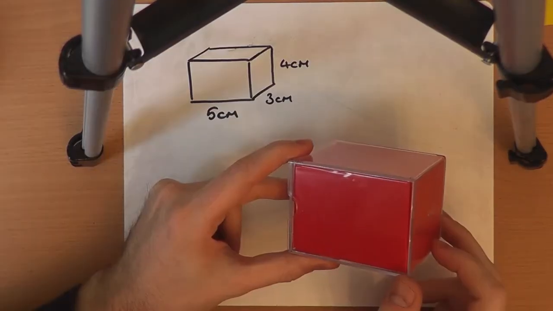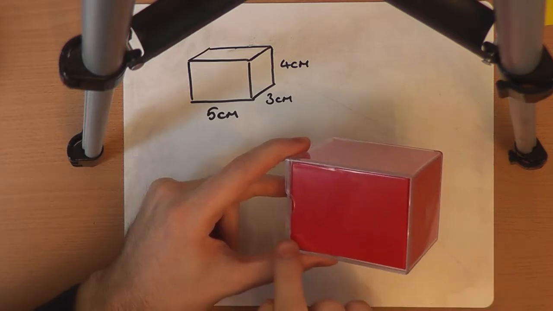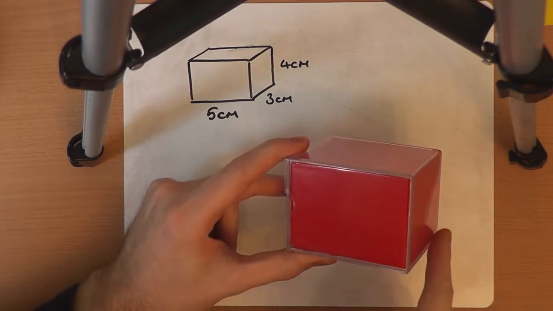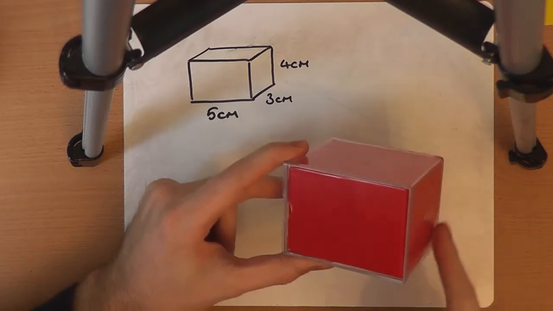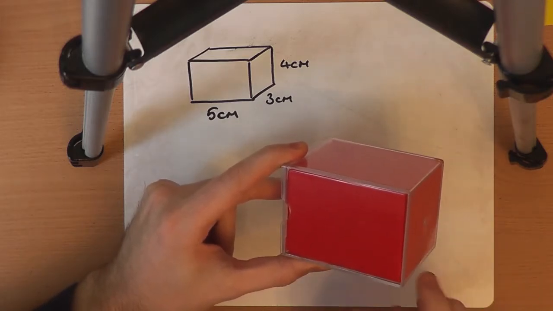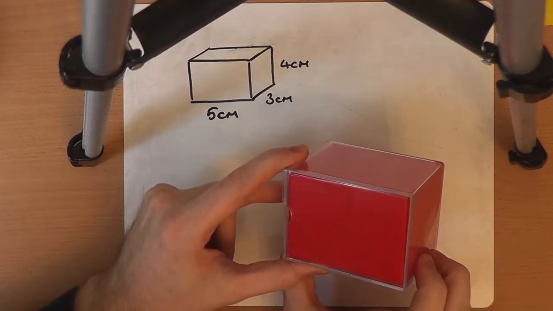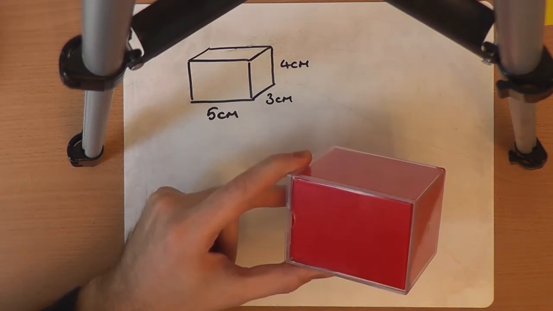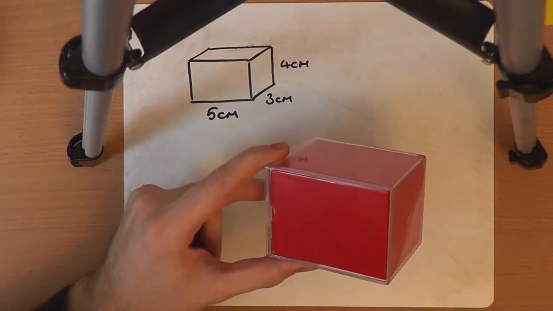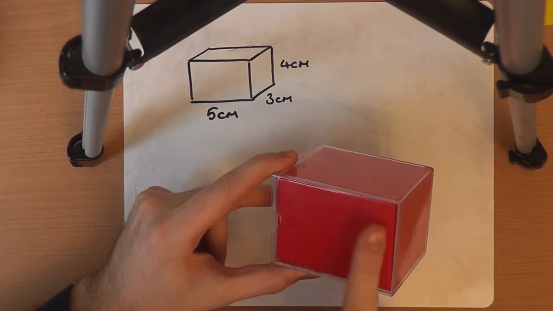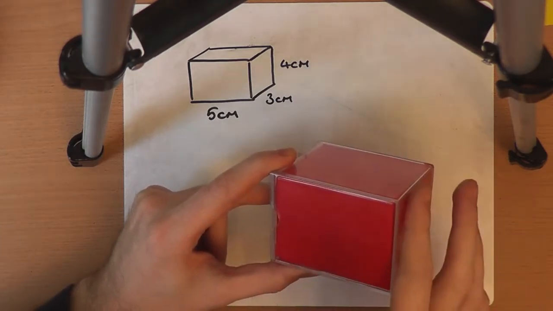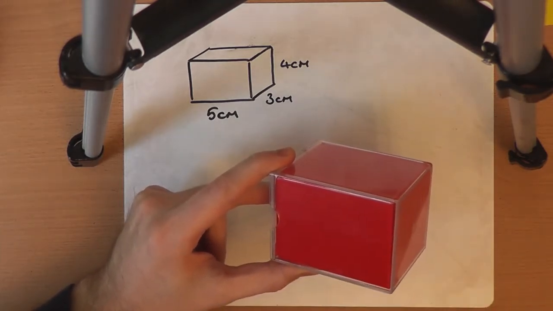If we were to look at this cuboid, 5 centimeters along here, 3 along here, and 4 in height, from different points of view, we would see different things. Now, we could recognize that this is a 3D object because we can see a face flat on the page, we can see that it has a top, and we can see that it has something on this right-hand side here.